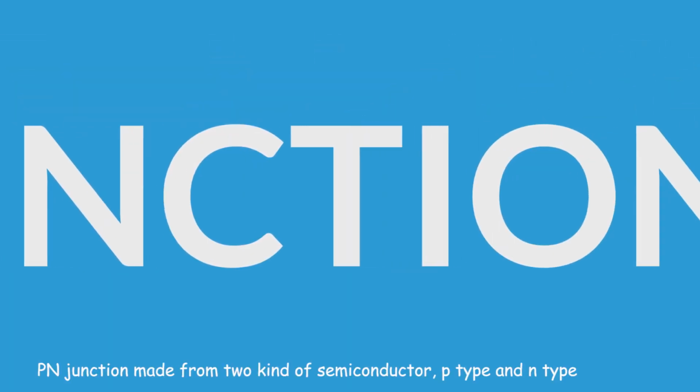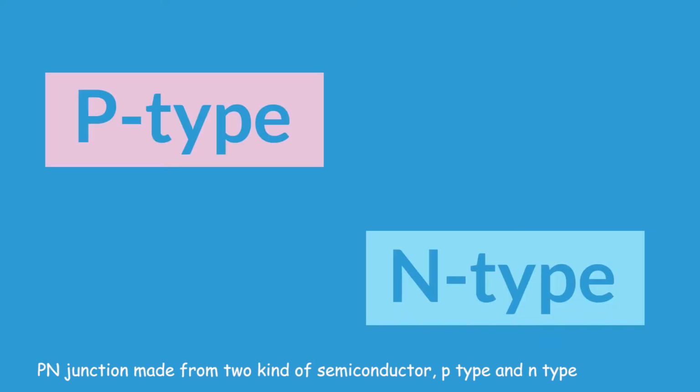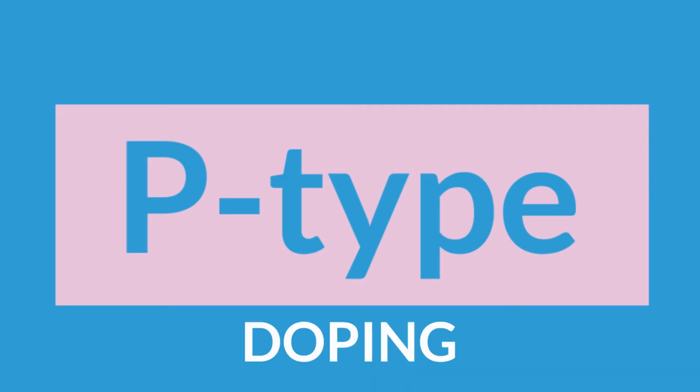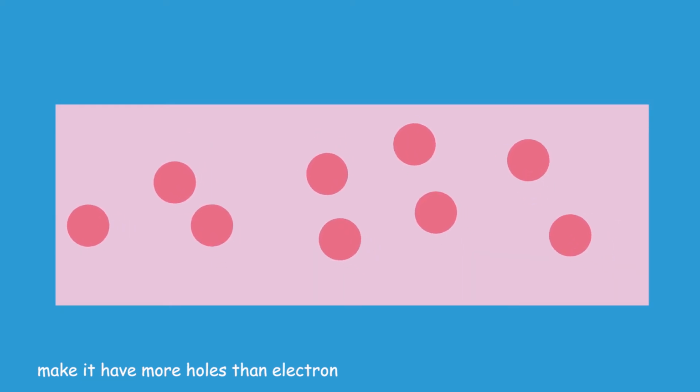A p-n junction is made from 2 kinds of semiconductor, p-type and n-type. A p-type semiconductor is made by adding trivalent impurities to a pure or intrinsic semiconductor, called doping, which makes it have more holes than electrons.